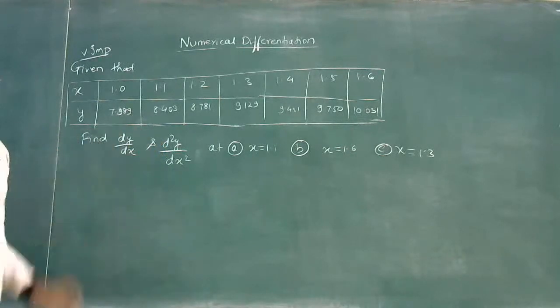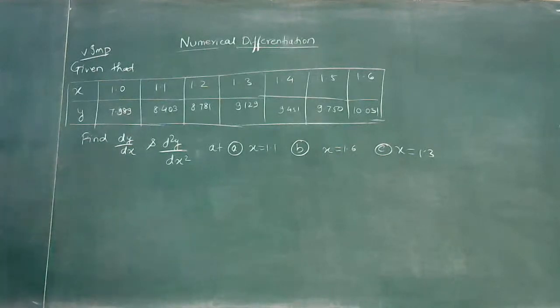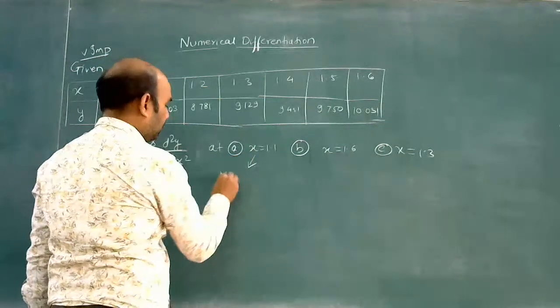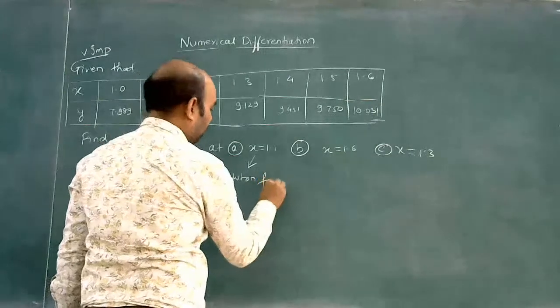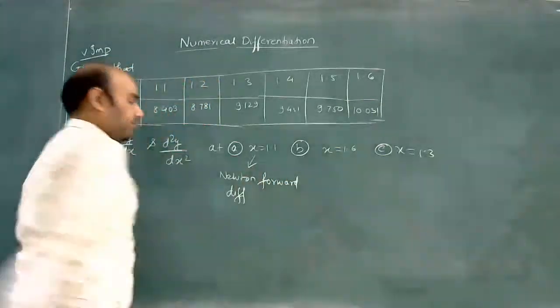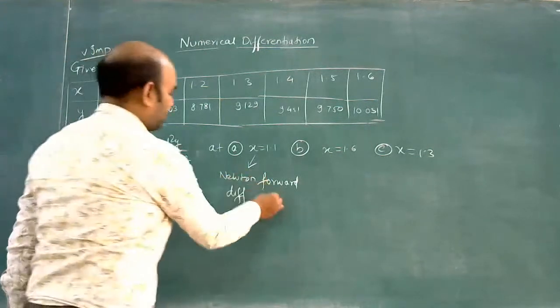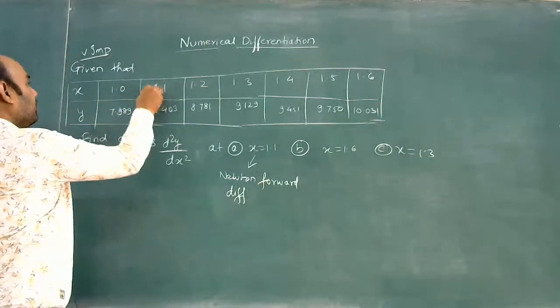Tushar said at x is equal to 1.6, backward interpolation. So for x is equal to 1.1 we will use Newton's forward difference interpolation, because here we have to find the value at the beginning of the table.